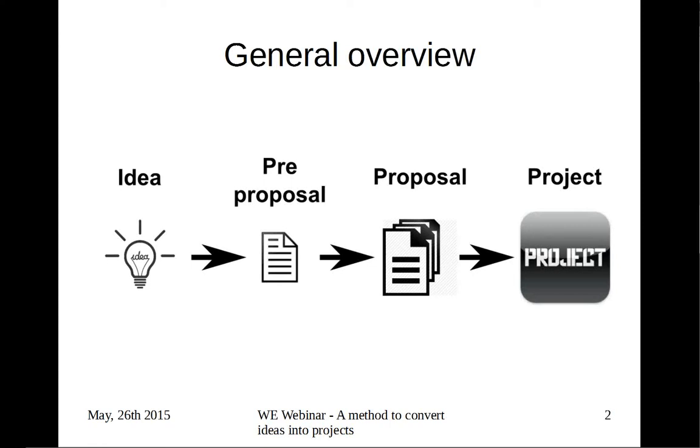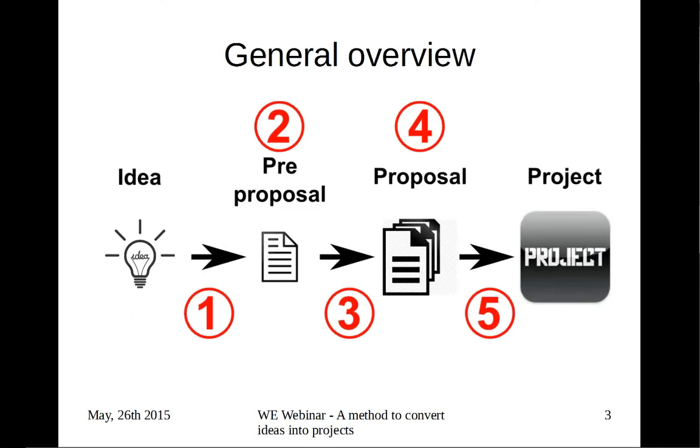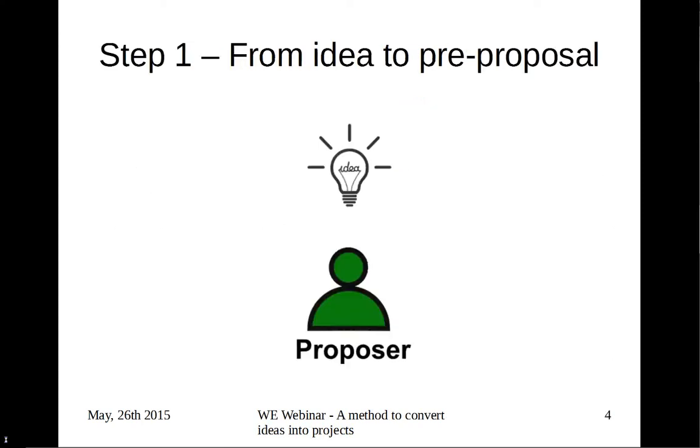The general overview we're going to show you is how to take the idea into a pre-proposal, and then a proposal, and finally a project. The way I'm going to show you is a 5-step process, always following this straight line from idea into project. Now, the first step is how do you go from an idea to a pre-proposal.